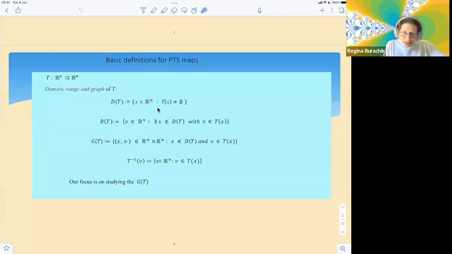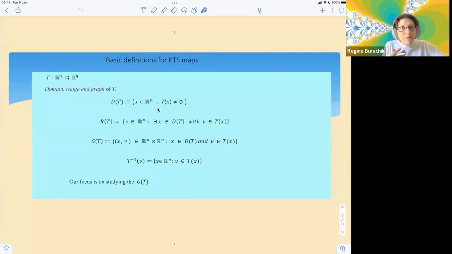But in this case, no matter what your point-to-set map is, you can always define the inverse as those x's, which are going to be in the domain by force of the definition, such that v is in T of x. So in fact, the graph of T minus 1 is the same as the graph of T, but with the variables swapped from their place.